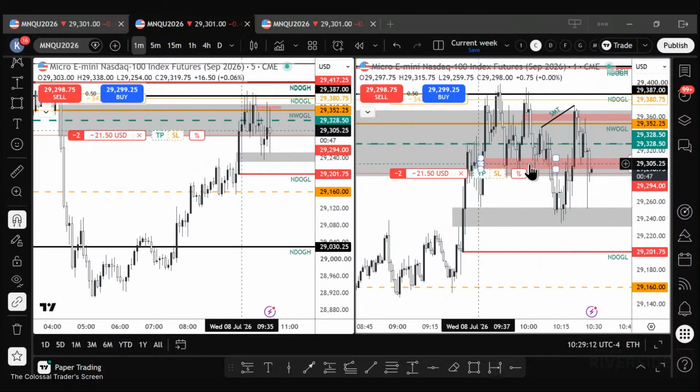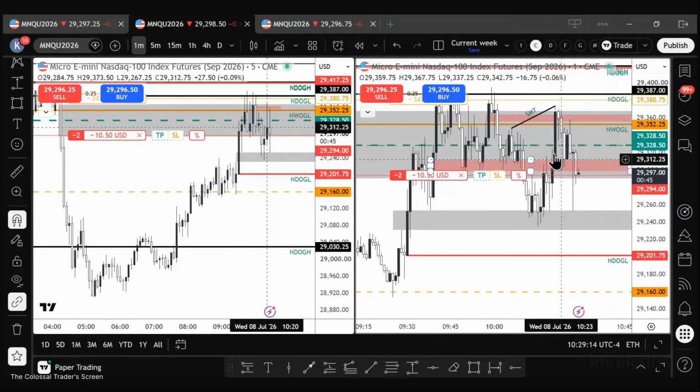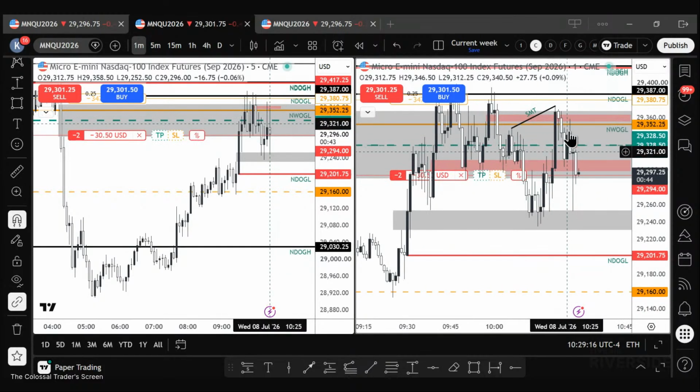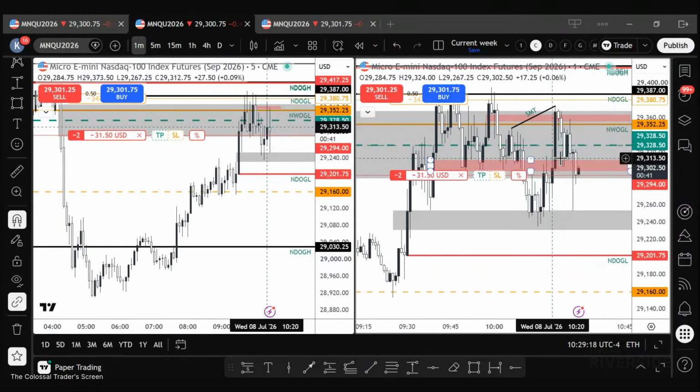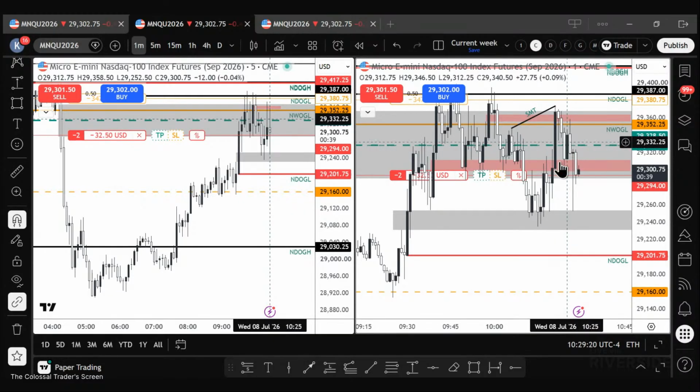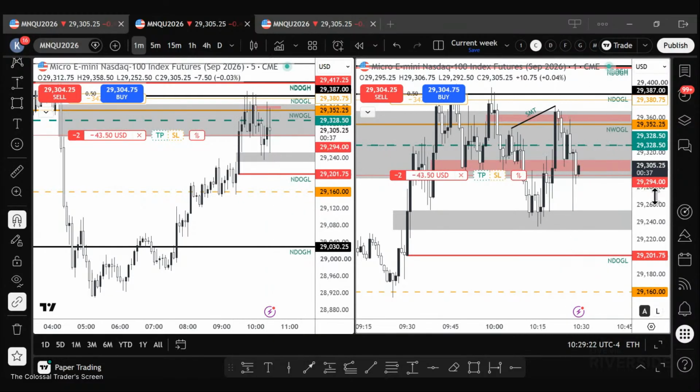We want to see this fair value gap now reject price. This should really support this order block here and should drop price. If it's bearish, this up close candle here should want to deliver shorts.